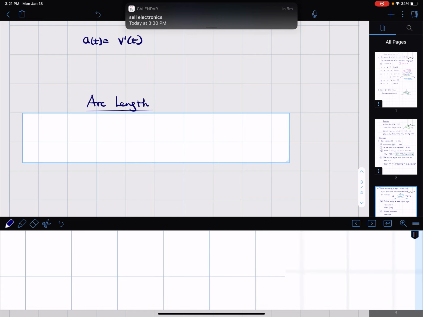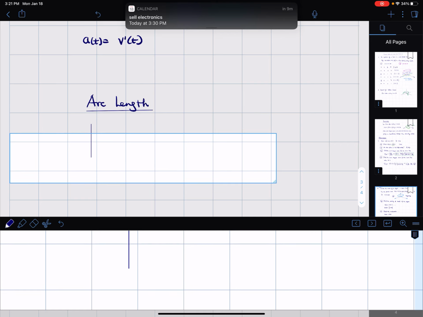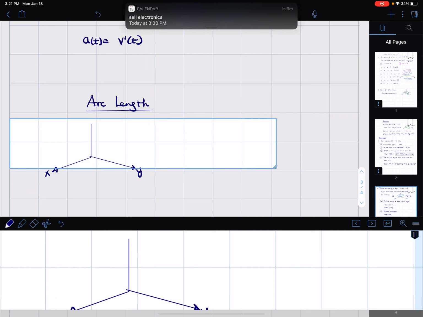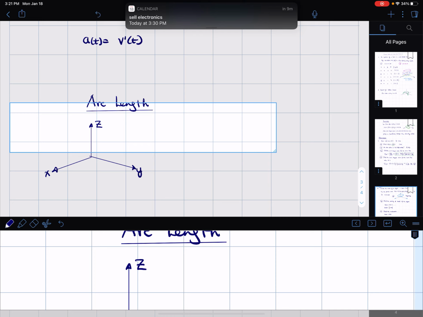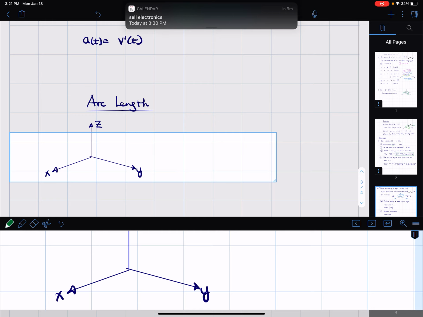So if you have your trajectory, x-axis, y-axis, z-axis, and then you have a trajectory that goes from there to there. Maybe an object is moving from t equals a to t equals b, right?